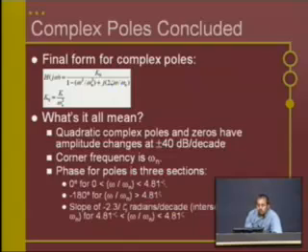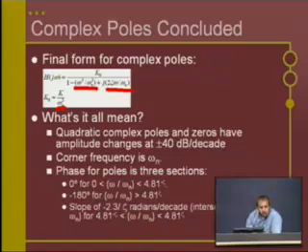So the final form of the equation, once we've done all of our substitutions and rewriting, is 1 minus omega squared over omega n squared, plus j times 2 times zeta times omega over omega n. So we've got this pretty nasty coefficient on the imaginary term. And the value for k0 is just k over omega n squared.